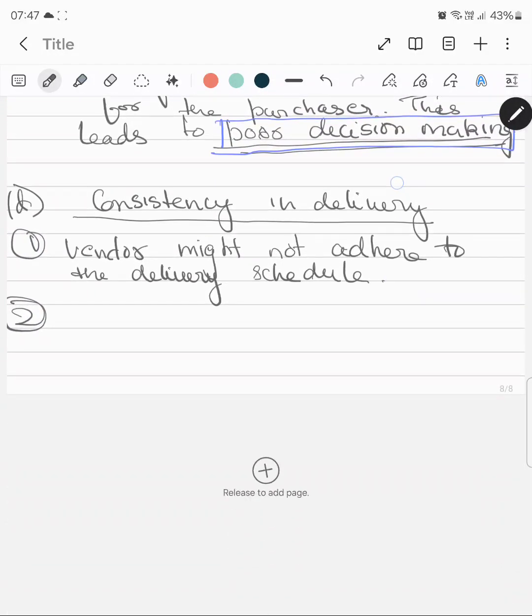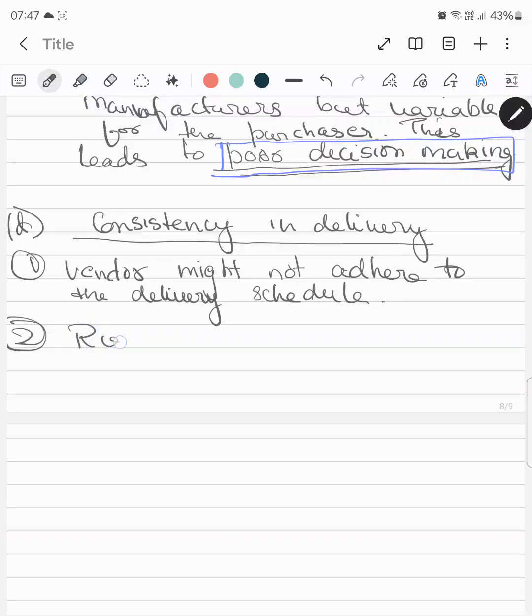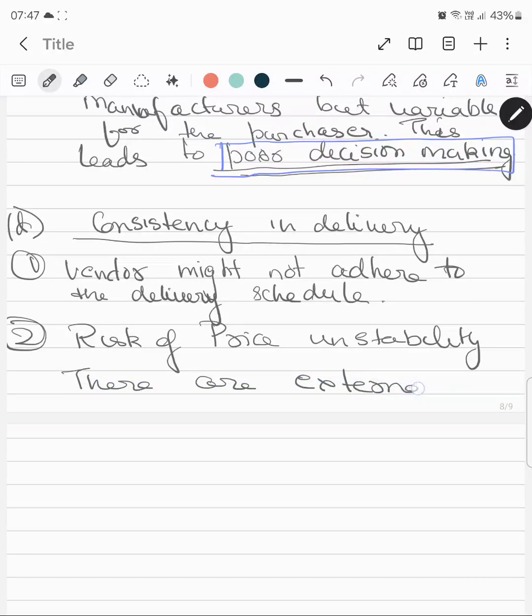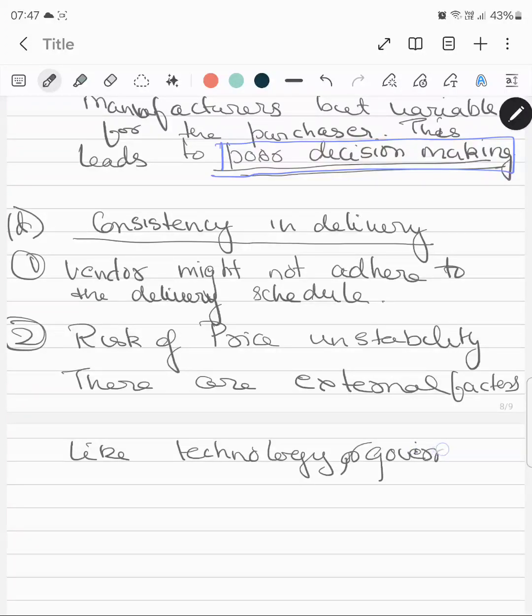Another point I feel is price stability, the risk of price instability. See, there are external factors as well, like technology, government policy or competition, which might affect demand and supply.